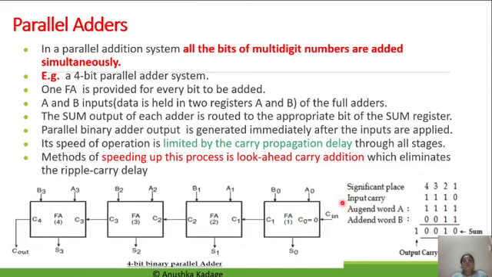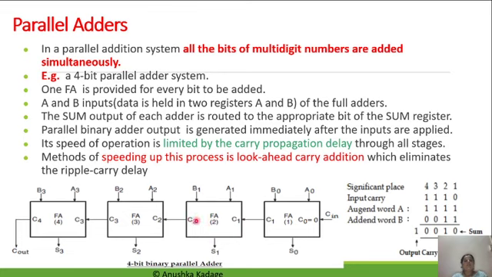But we will now see the carry inputs. The carry input for the first full adder, which is going to add the least significant bits, will have value 0. With this full addition operation of C0, A0 and B0, C1 will be generated, which is propagated to the next full adder, which adds A1 and B1. With these three values C1, A1, B1, the full addition operation is done. S1 will be generated.